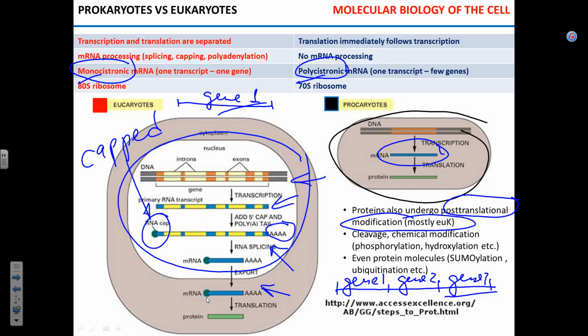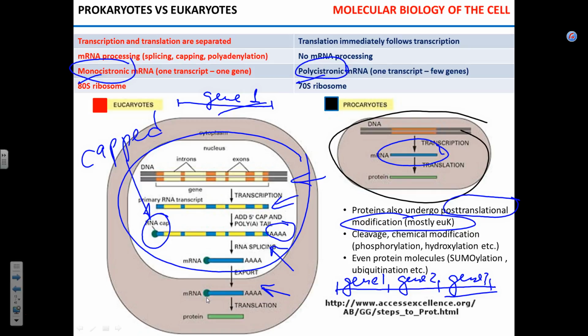Now, when we say post-translational modification, what do we mean? You can cut it. The protein is synthesized, and then often it has to be modified by cutting a piece from it.